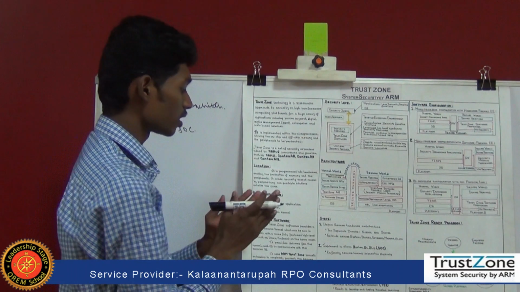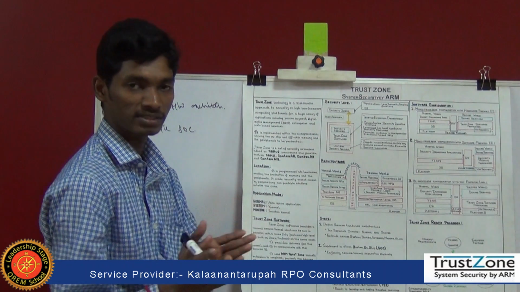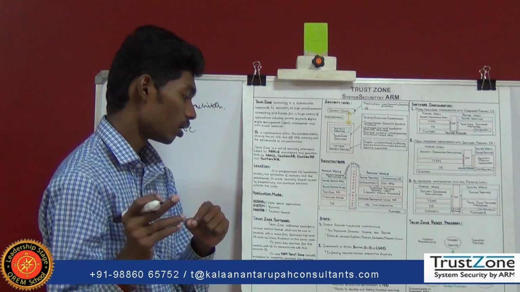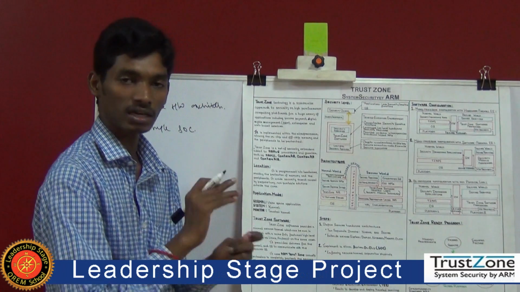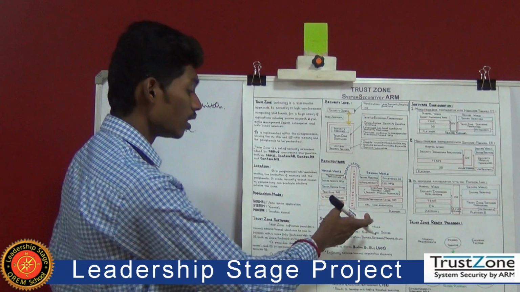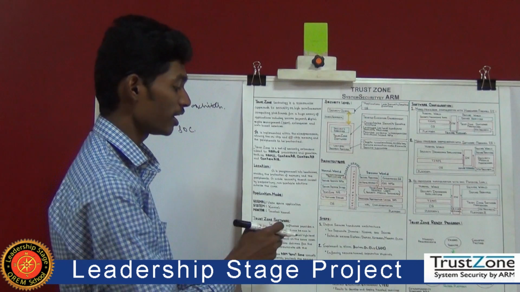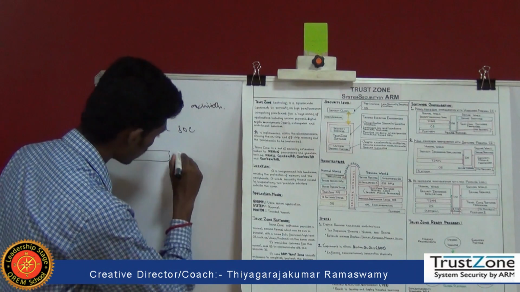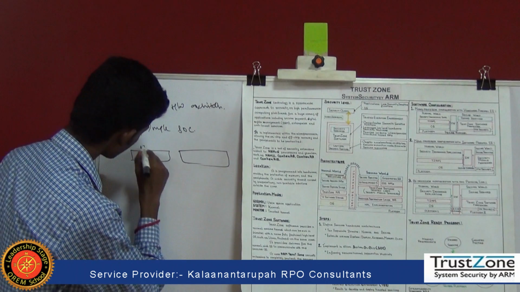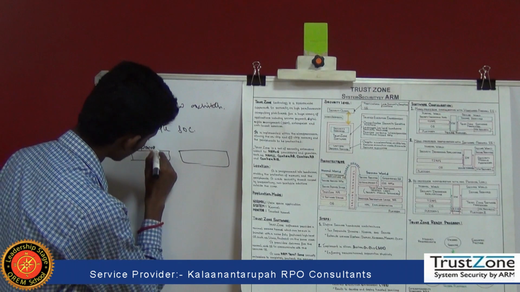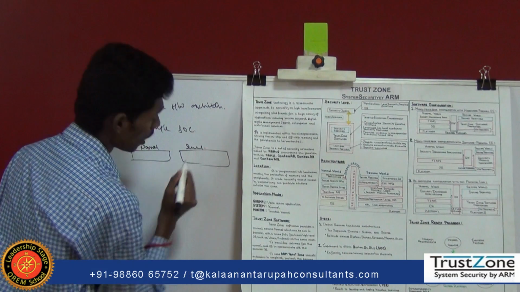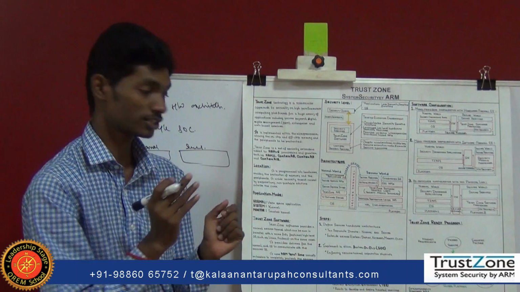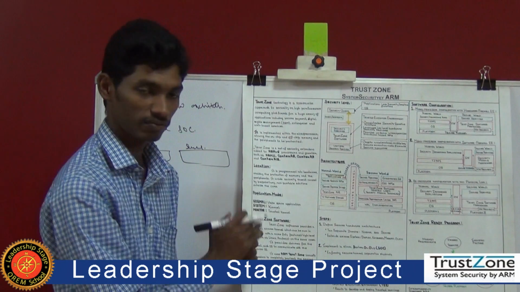First, we separate the two domains, that is normal and secure. After that, we extend the secure services across the system peripherals such as display, keyboard, memory and clock. Once we define the secure and normal, we implement the system on chip, which is used to enforce the secure and normal separation physically.